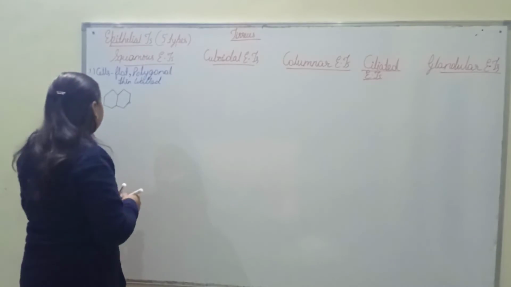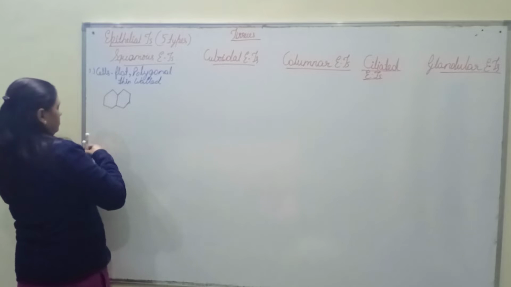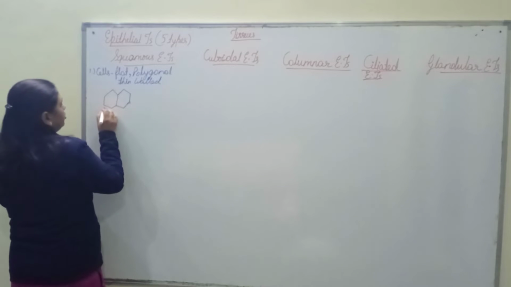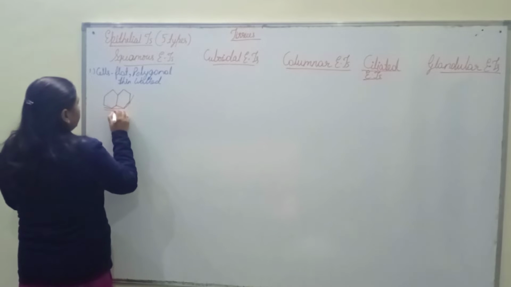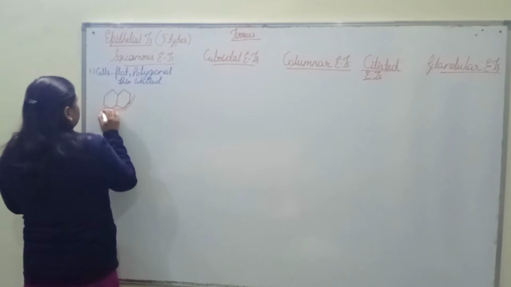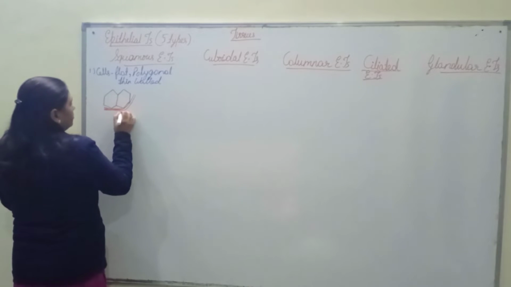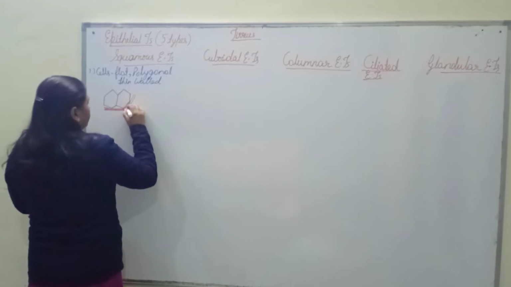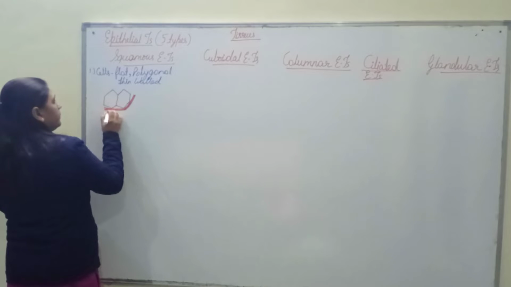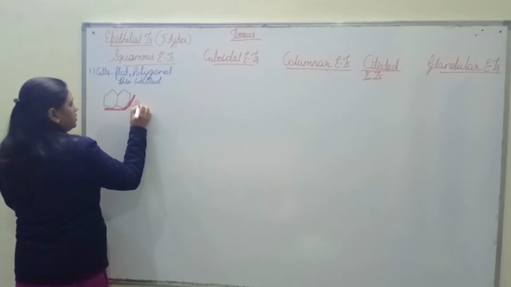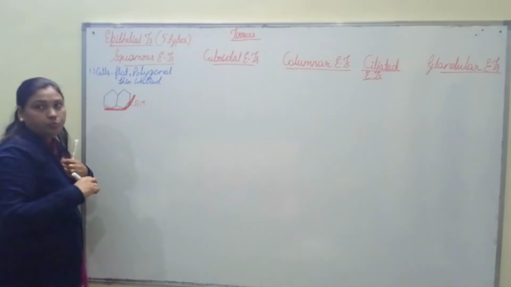So these are also known as pavement membrane, and these polygonal cells are arranged on the basement membrane. This is the BM, that means basement membrane.